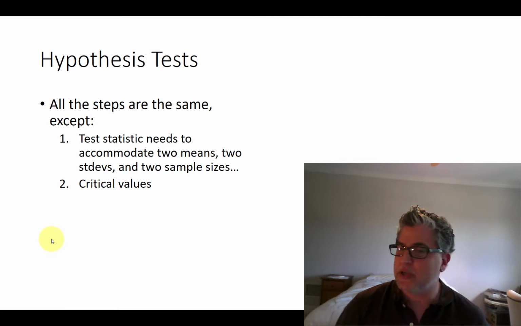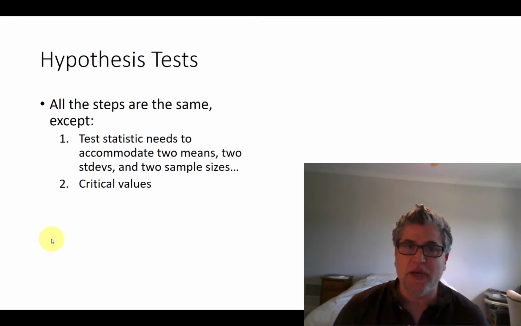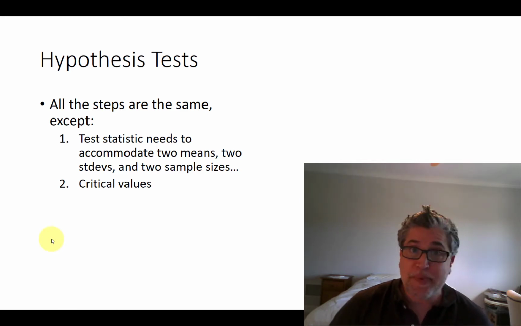Now, once you've got your critical values and your test statistic, there's no difference. You need to split your distribution into acceptance and rejection regions and see which of those two regions your test statistic is in. So big picture, it's all the same. Details can be a little different. Your test statistic is going to be different and your critical values are going to be different.